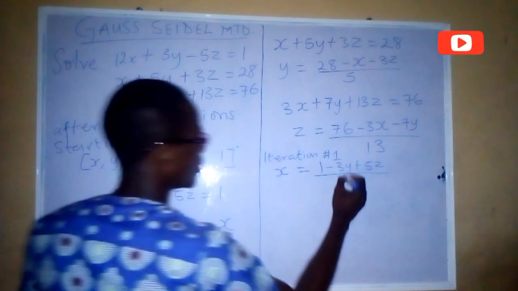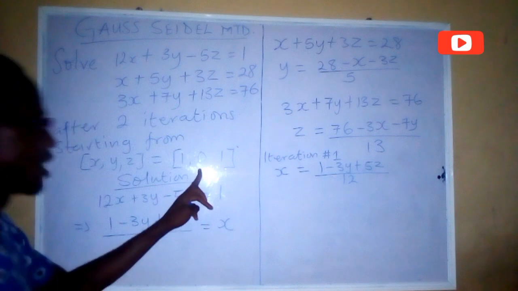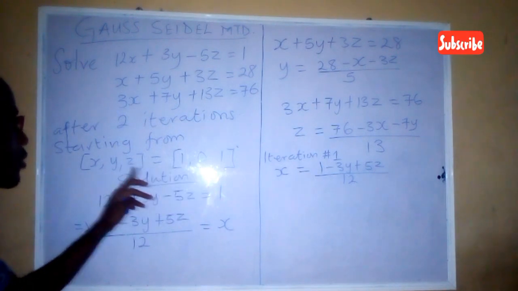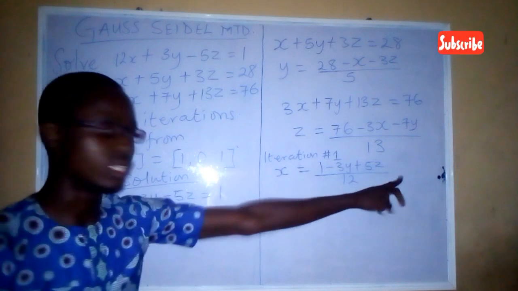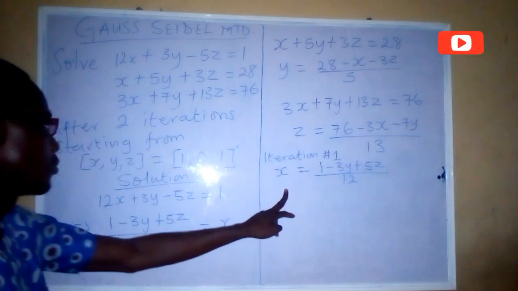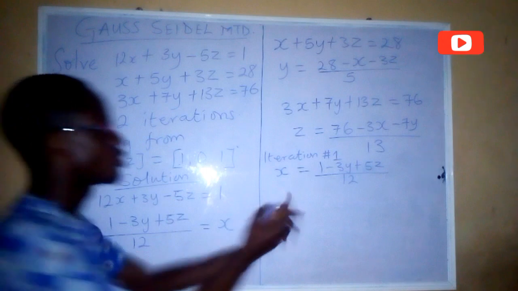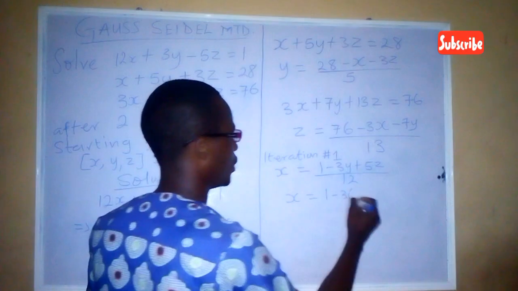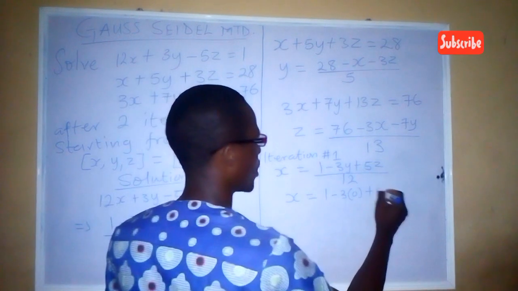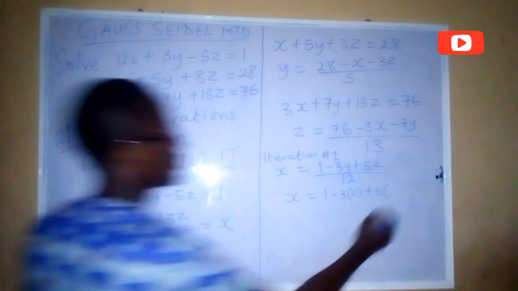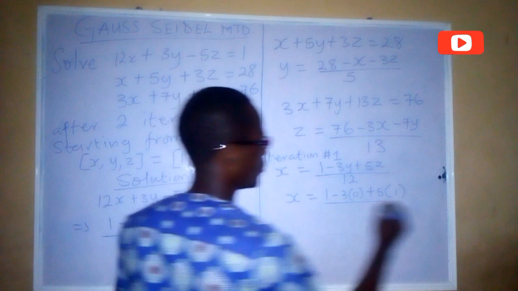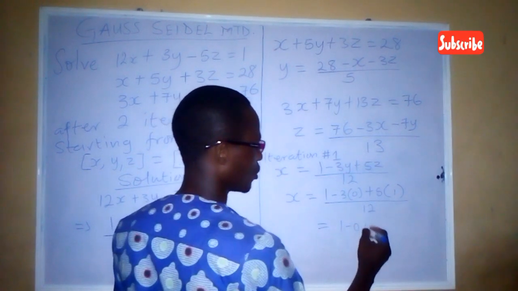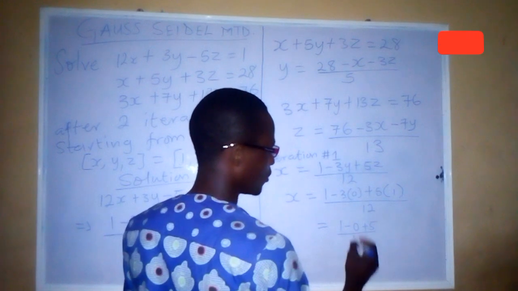The assumed value of y here is 0 and the assumed value for z is 1. So I substitute it here to find the value of x. Don't forget we didn't use this. So now we have x equals 1 minus 3 into bracket 0 plus 5 into bracket 1, all over 12.